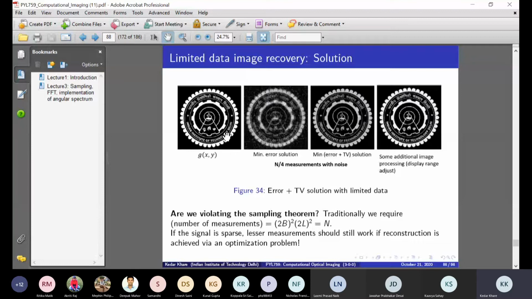And we are essentially saying that this is a new form of uncertainty principle: if the signal that you are looking at is sparse, then fewer linear measurements should still work, if the reconstruction is achieved via an optimization problem.